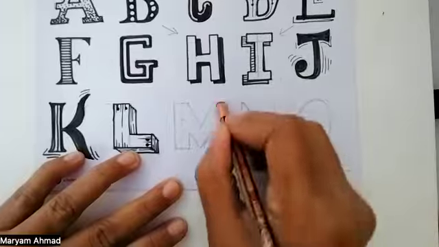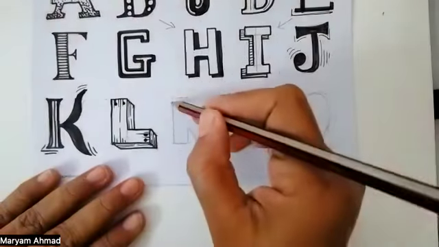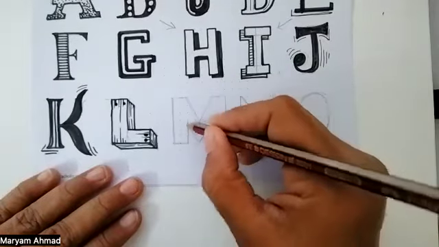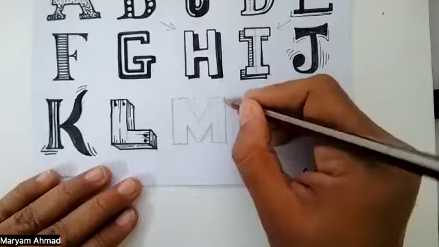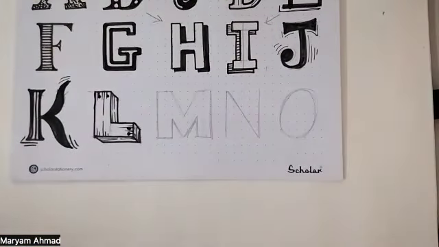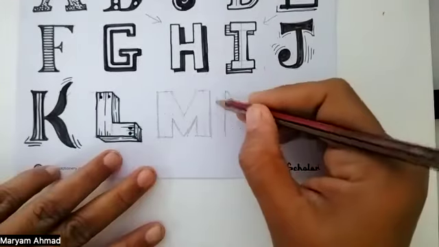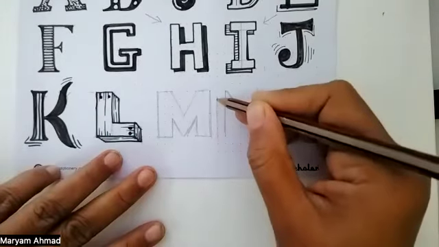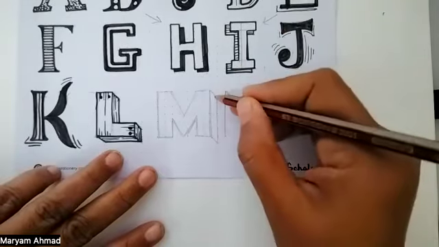So you need to make it this thick. Or thick M. And then let's draw this double line here, slanting line, okay?